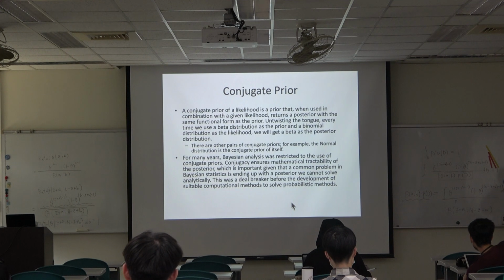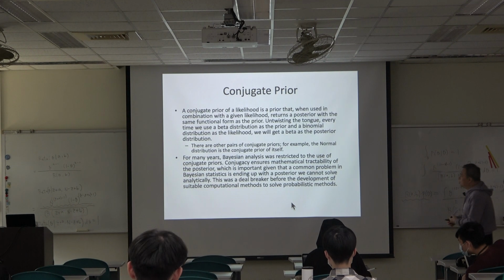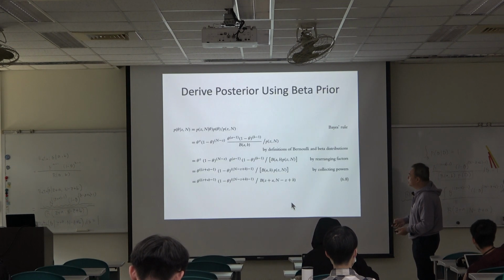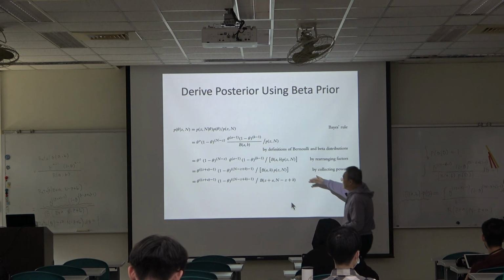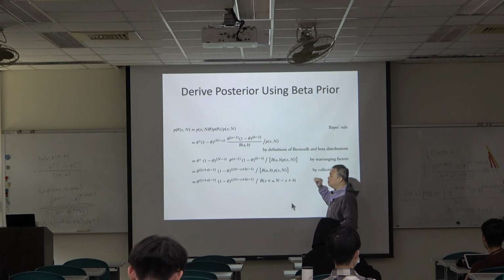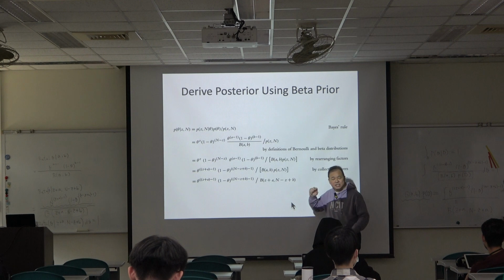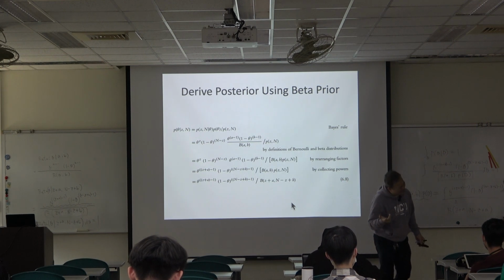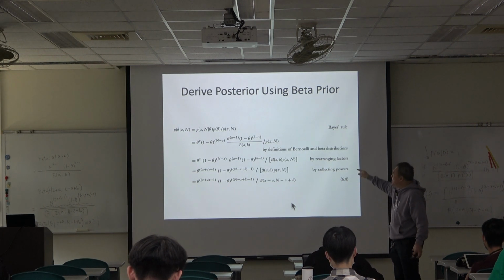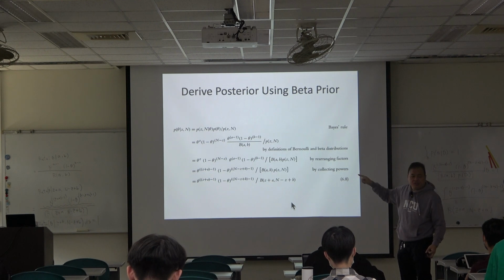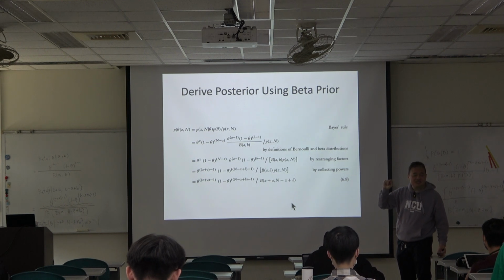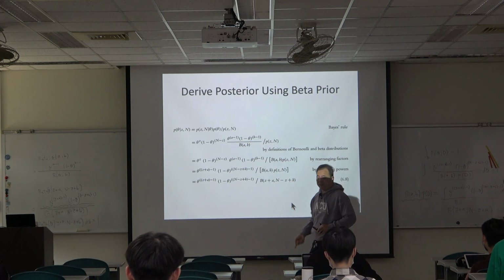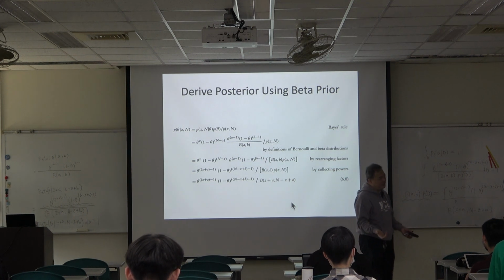In order to show you the last step makes sense, you need to use these facts. First, this posterior is a distribution over theta. And also, the beta distribution is a distribution over theta.